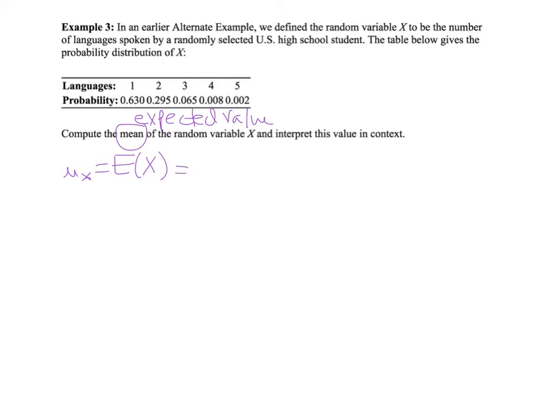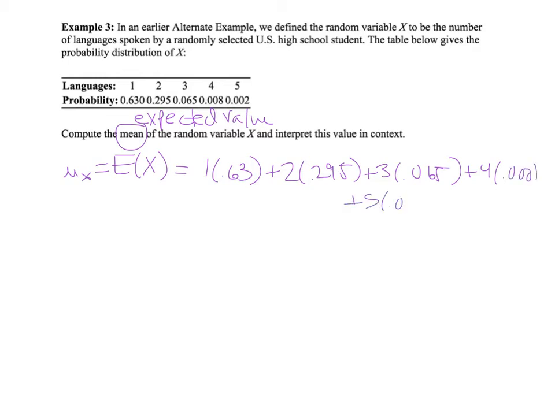And all we're going to do is take each of the languages, multiply it by its probability, and we end up getting 1.457. So I asked you to interpret this also, and on your test, I'm also going to ask you to interpret it.